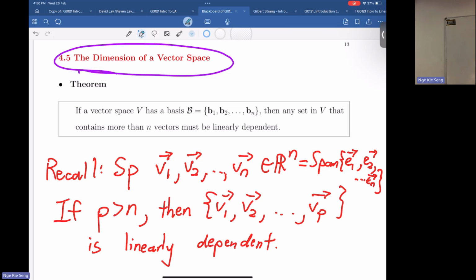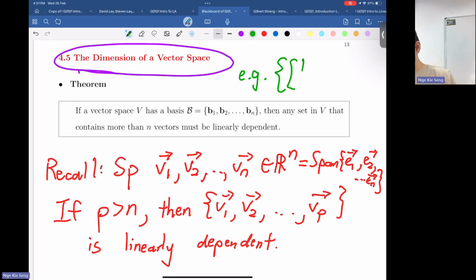This is what you used in your quiz also, right? If the number of vectors is greater than the dimension of Rn. Okay. Is it okay? Need an example or not? So for example, if you want to see, it is something like this.